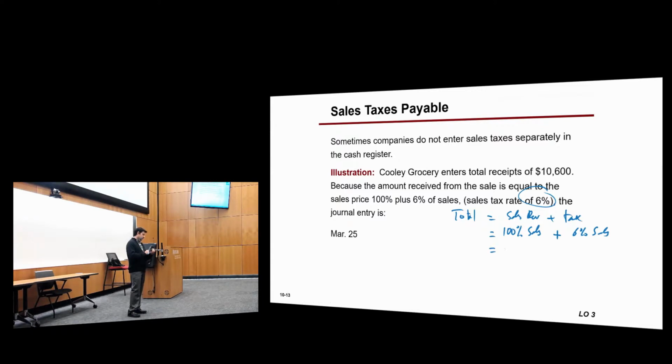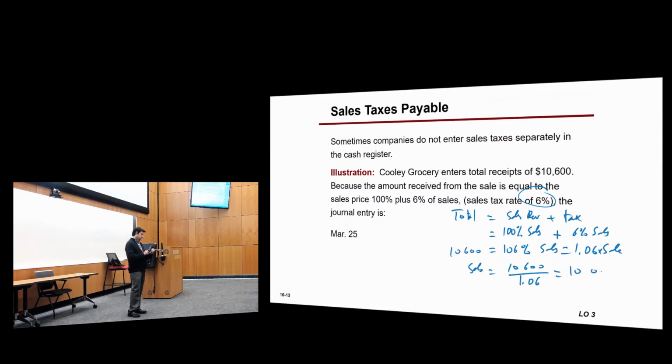So that would be equal to 106% of the sales, which is equal to 1.06 multiplied by sales. In this case, we said this is 10,600. So the sales are equal to 10,600 divided by 1.06.